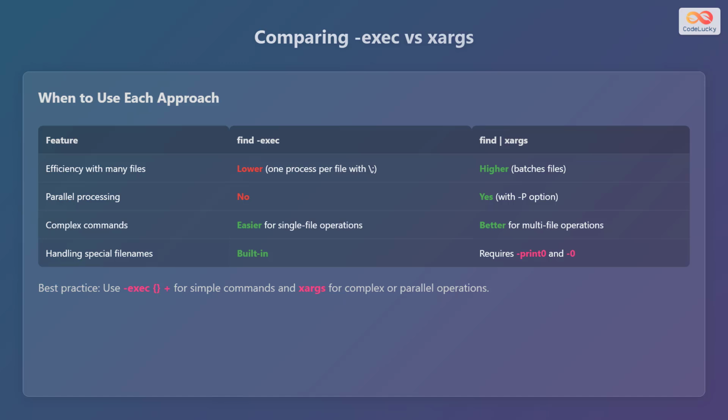For complex commands, exec is easier for single file operations, while xargs is better for multi-file operations. For handling special file names, exec has built-in capabilities, whereas xargs requires using -print0 and -0. A best practice is to use exec with plus for simple commands and xargs for complex or parallel operations.